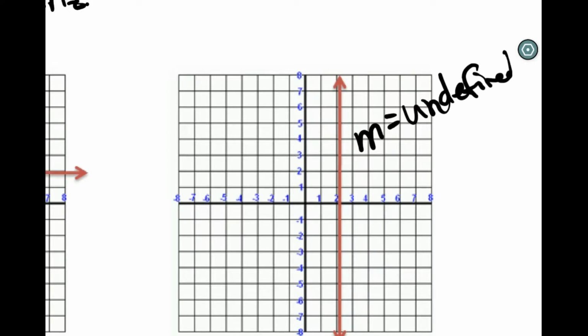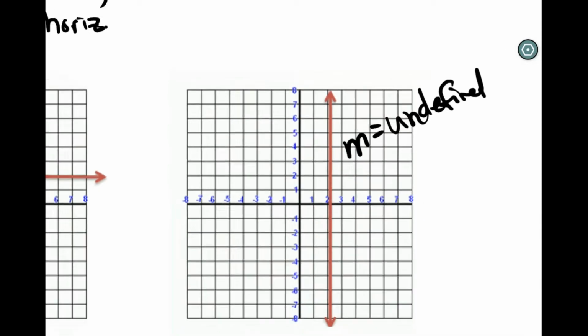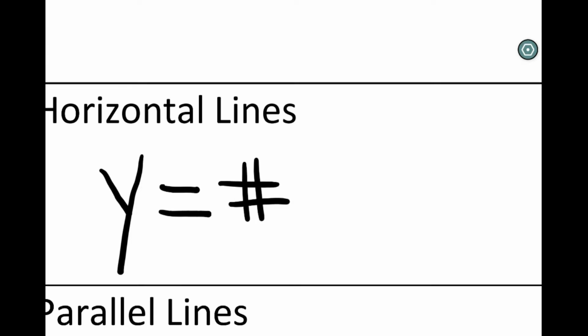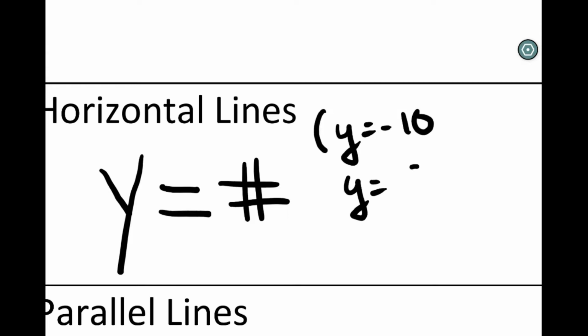How these look as equations, know this here. Horizontal lines are always in the form y equals some number. So y equals -10, y equals 50, y equals 1/2.